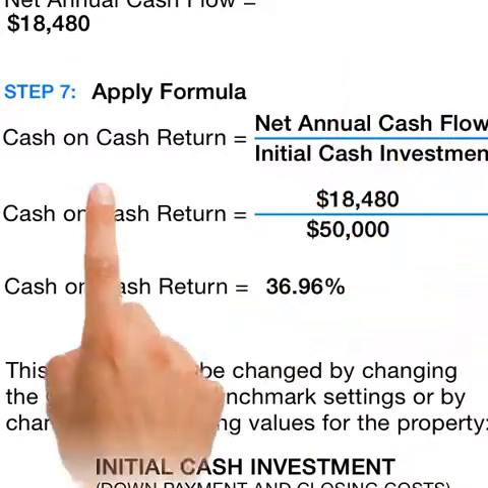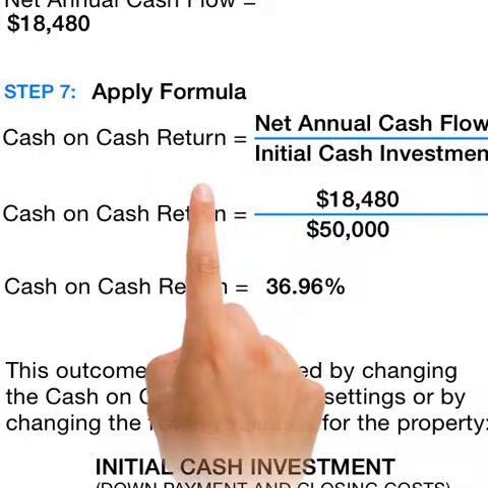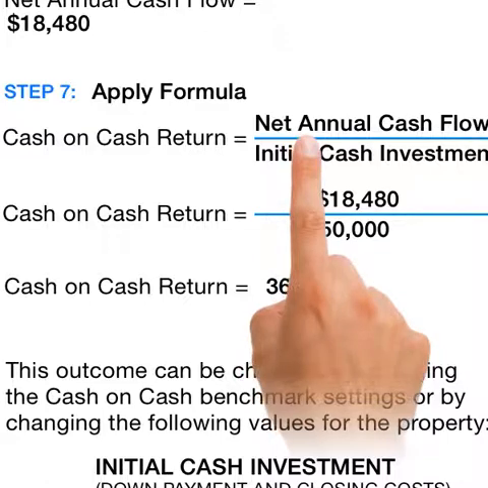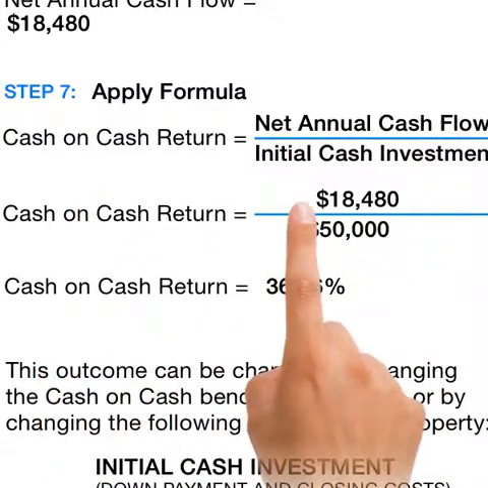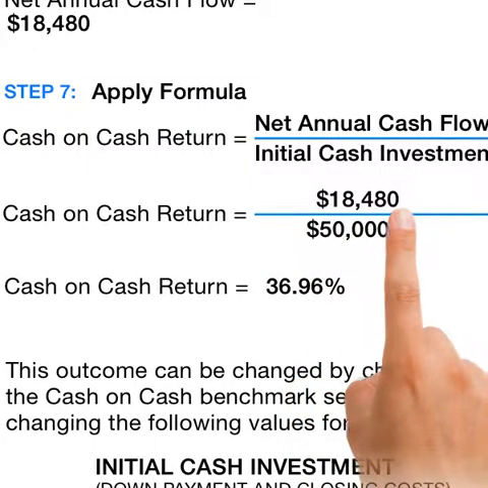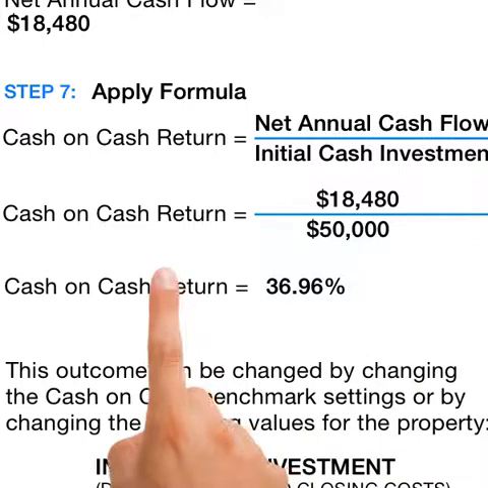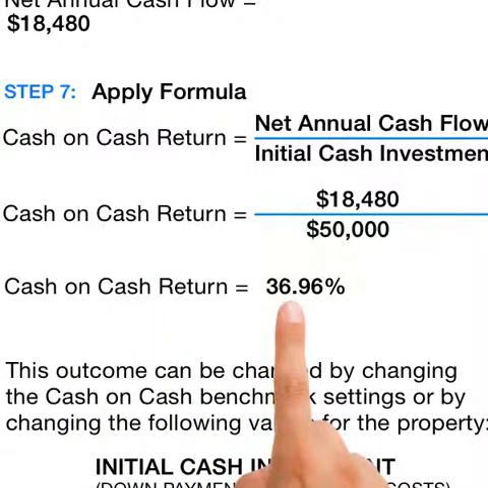And then finally we apply the cash-on-cash return formula, which is the net annual cash flow over the initial cash investment, which will be 18,480 over 50,000. So you will have a cash-on-cash return of 36.96.